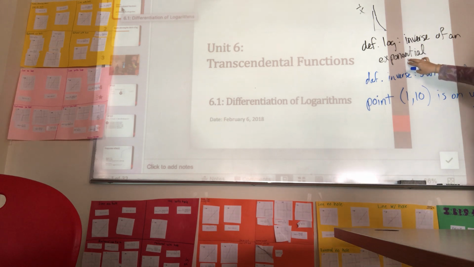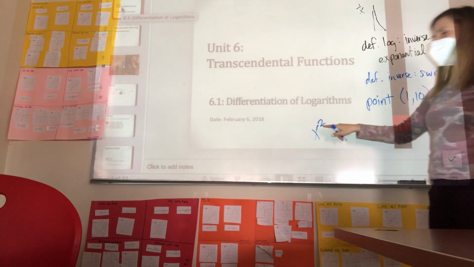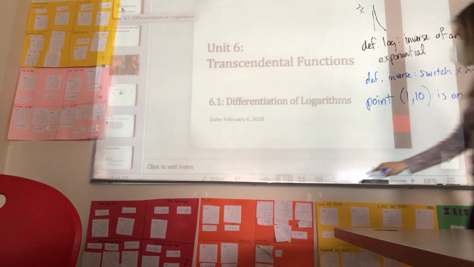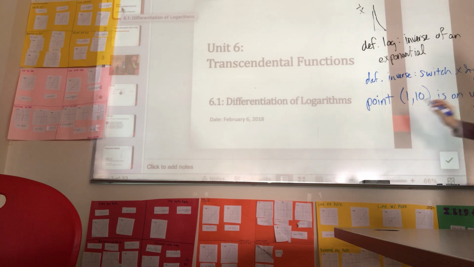An exponential is an equation where x is in the exponent. Not just that it has an exponent, the variable is in the exponent. So like x squared, see how this has an exponent? That is not an exponential. We call it a quadratic. If the variable's in the exponent, it's an exponential.